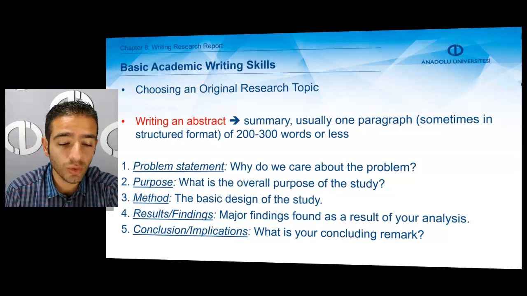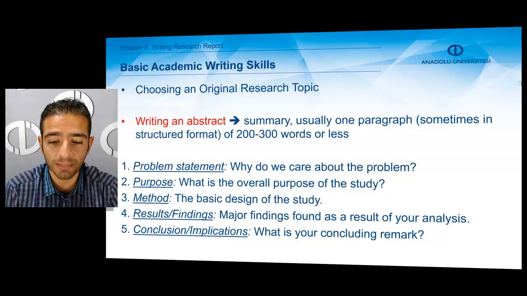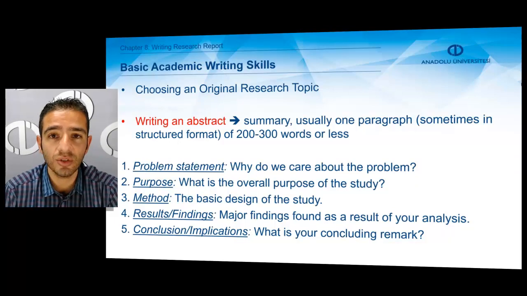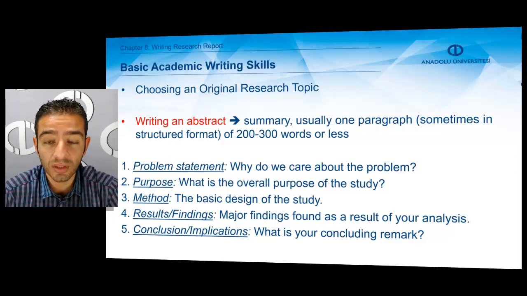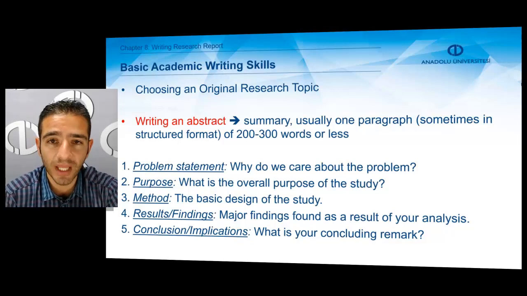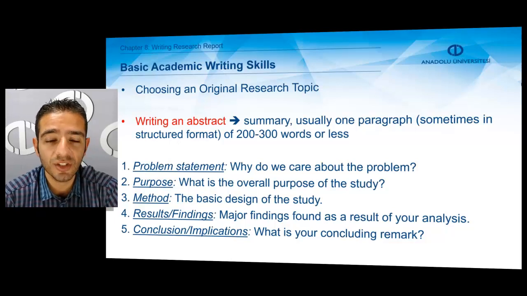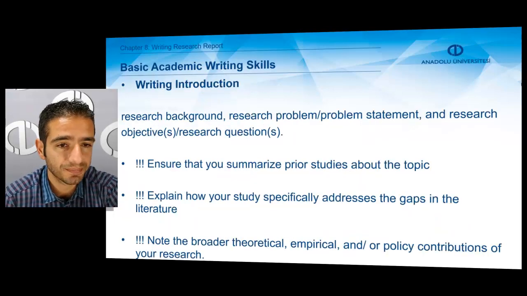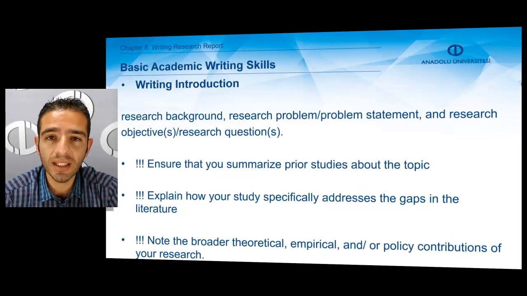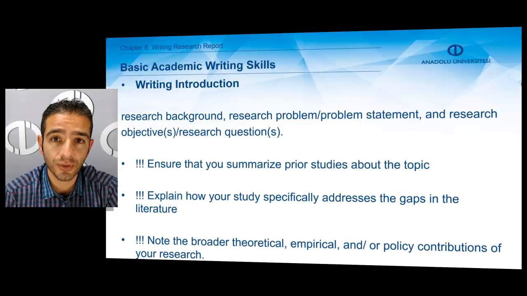And finally, you come up with certain conclusions and implications, and you need to answer what is your concluding remark in the summary of your research study. And that paragraph should be around 200 or 300 words, and it needs to present a brief summary of your research report.